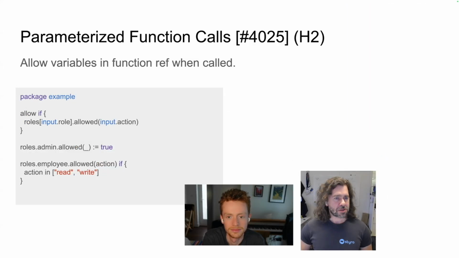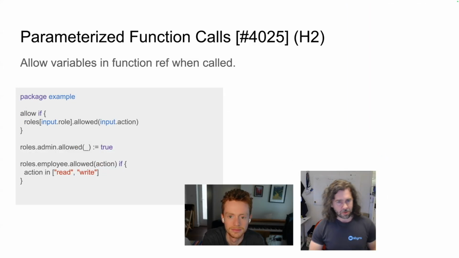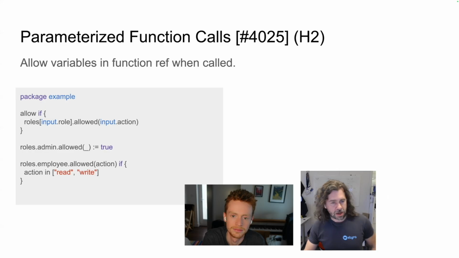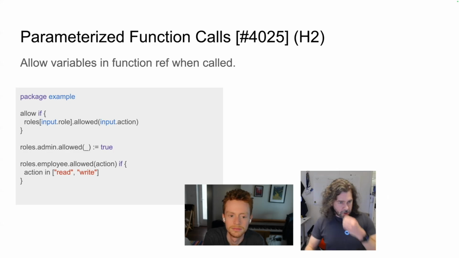Another point we want to introduce is parameterized function calls, which allows you to dynamically compose policies in a different way. Currently, you can only reference a built-in function or a custom-made Rego-defined function through a reference that is known beforehand at compile time. We want to make it possible for you to do this dynamically during evaluation.